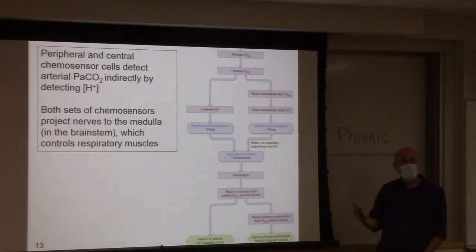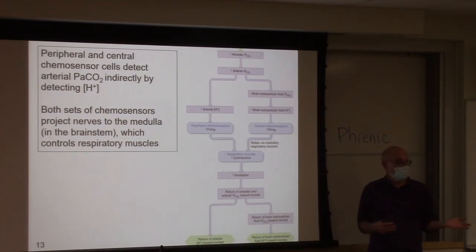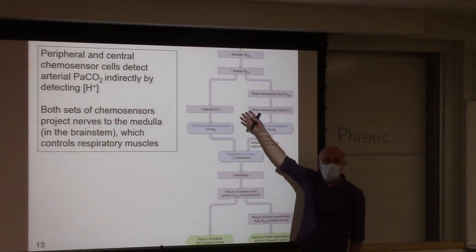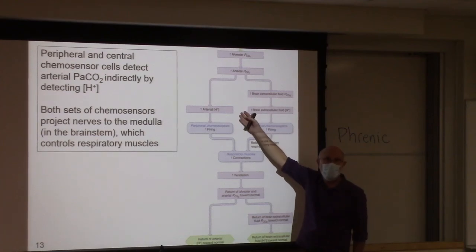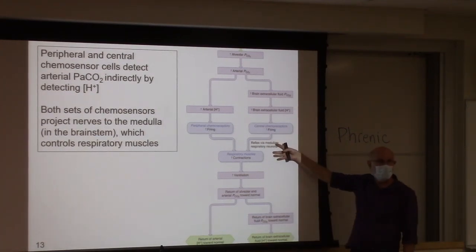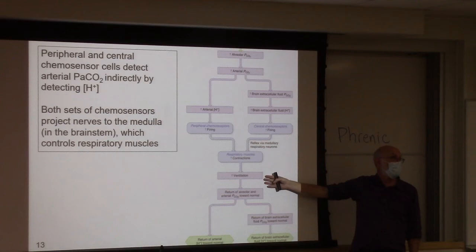So your body detects, for example, if you are exercising and not increasing your ventilation, your CO2 goes up, your acid goes up, your body detects it and says, we need more ventilation. So that's natural.